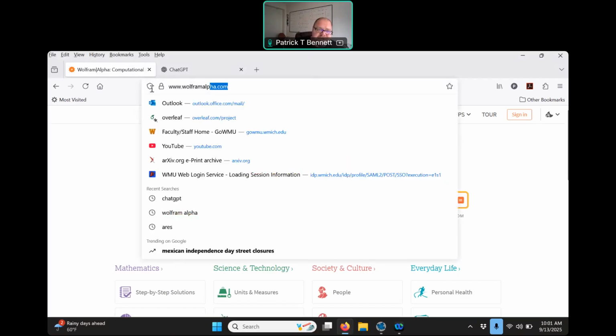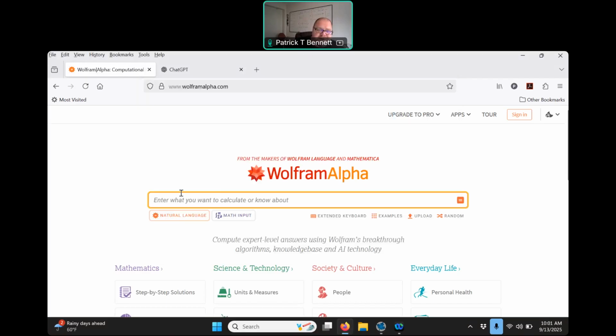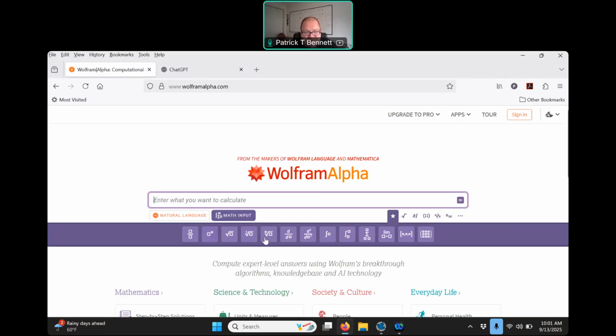This is just a website. You go to wolframalpha.com and then you're there. And one nice thing about Wolfram Alpha is it has this natural language option. It also has the math input option, and then it gives you this menu where you can do integral signs and all of that stuff.